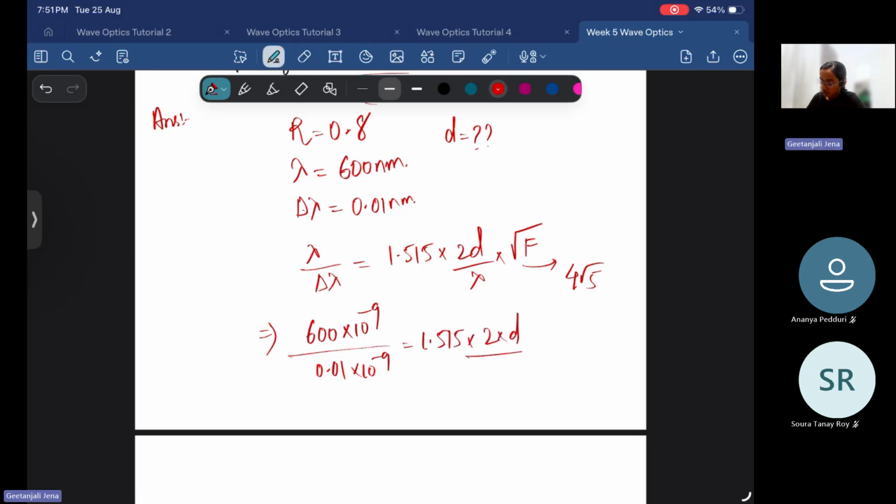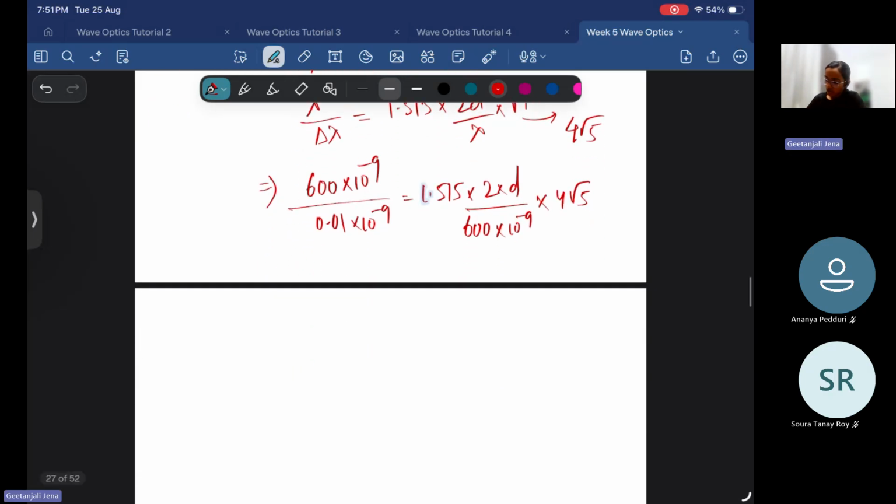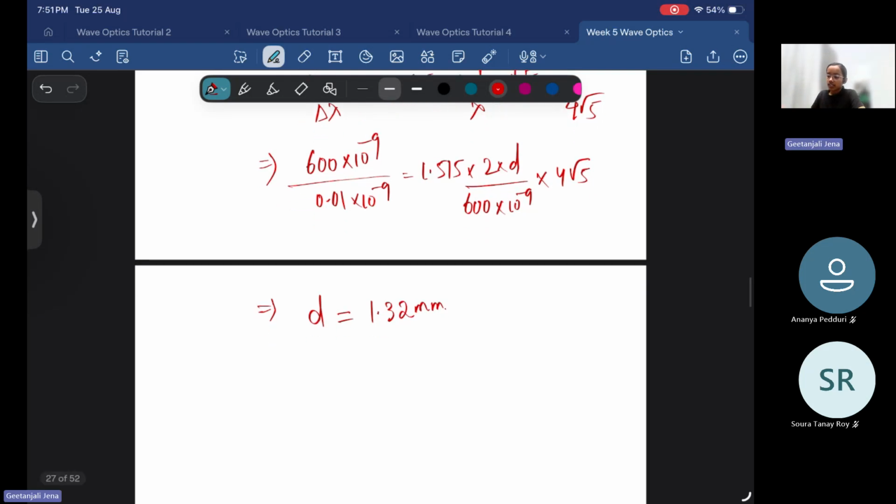The value of d is what we want to calculate, and F is 4 root 5. So if you rearrange it, I think you will get a value which is 1.32. Based on the decimal position, this value will vary.